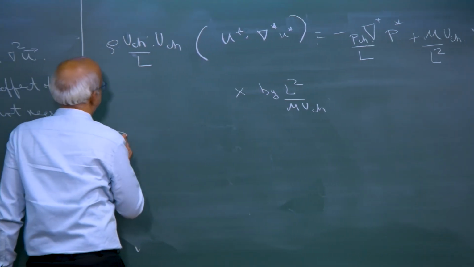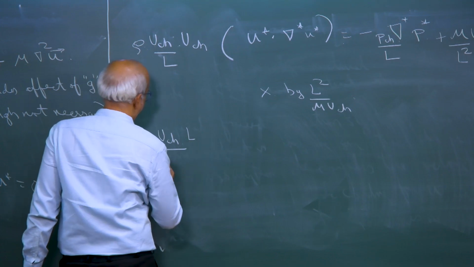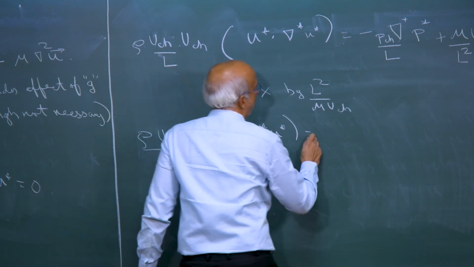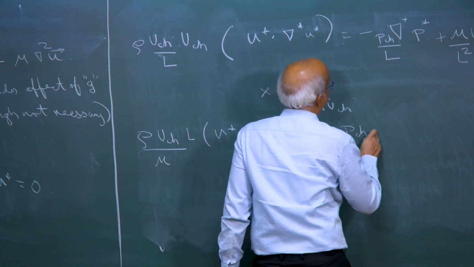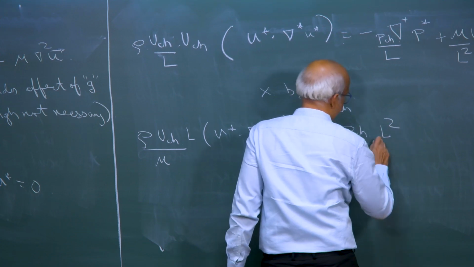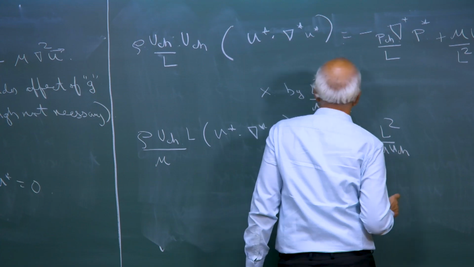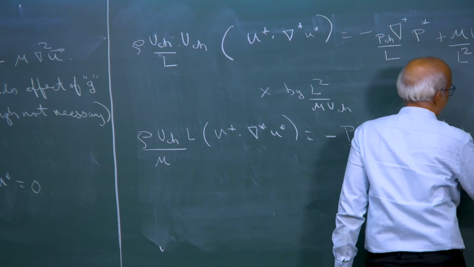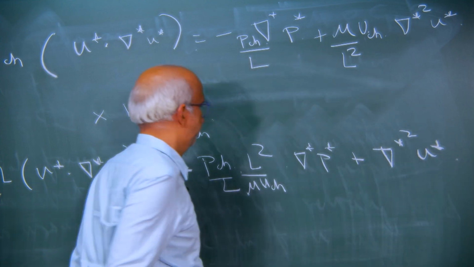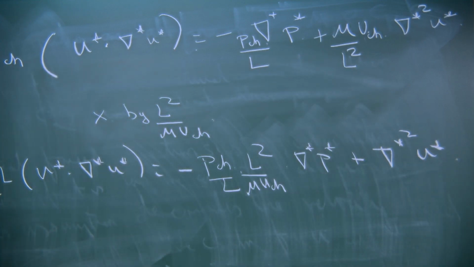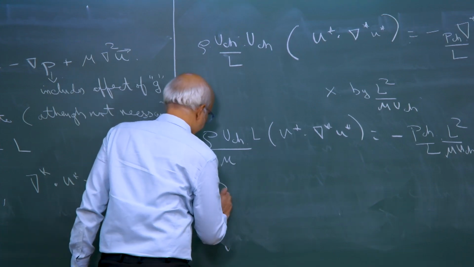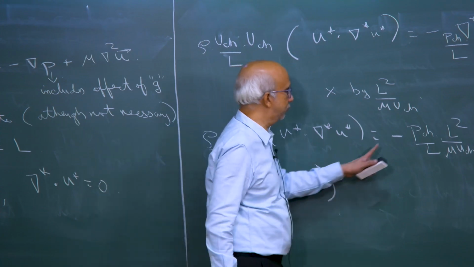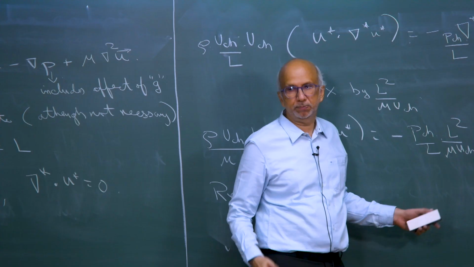Then I would get rho u characteristic L by mu, and this is your Reynolds number, times u star dot del star u star, and if I choose my PCH such that this coefficient becomes 1, because PCH I have not defined yet.